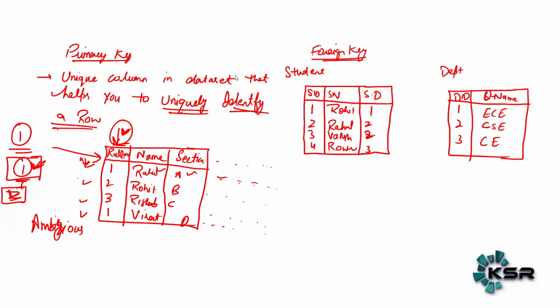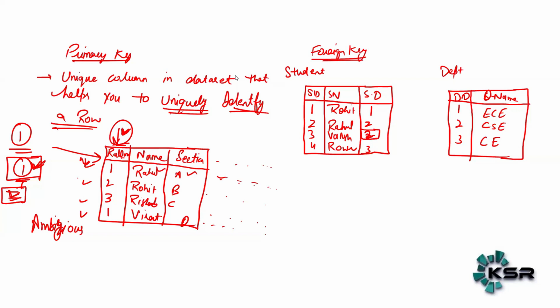So if Vansh is from department 2, and you want to get what is department 2, what will it be, guys? CSE, right? And if Rohit is from department 1, what will it be?